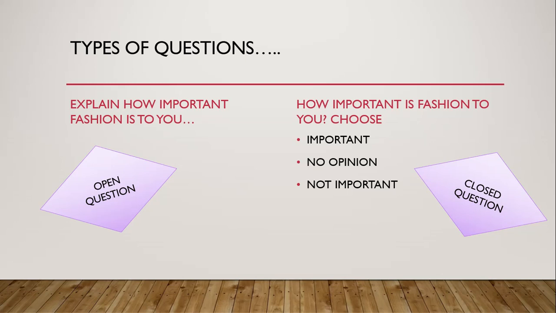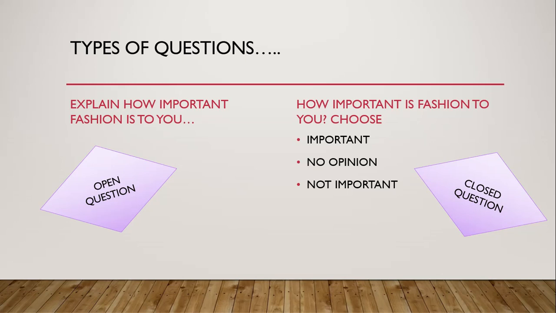So, this is how you have two types of question. The first case, where you need to write the answer, is called an open question. And in the second case, where you have proper options and you can choose only from these options, it is called a closed question.